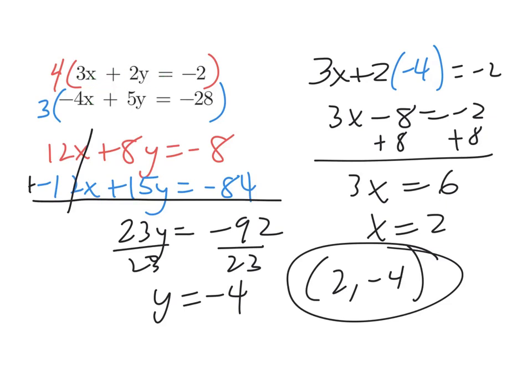The last thing I want to talk about is this can happen. It is possible that after your multiplication, when you combine together, all the variables cancel out. If that happens, you're going to be left with a situation like this.